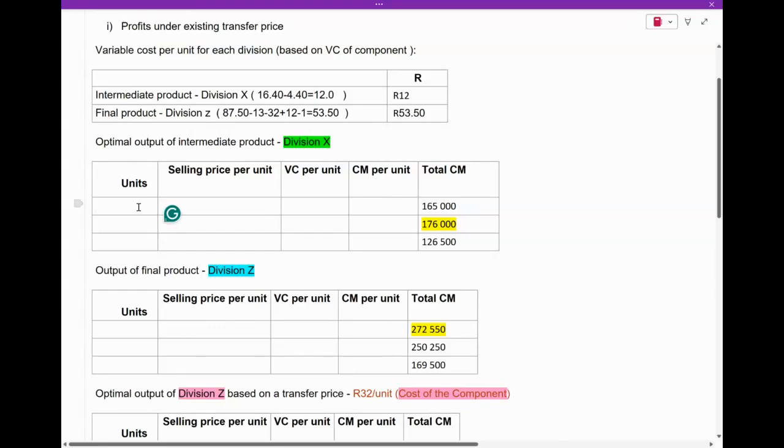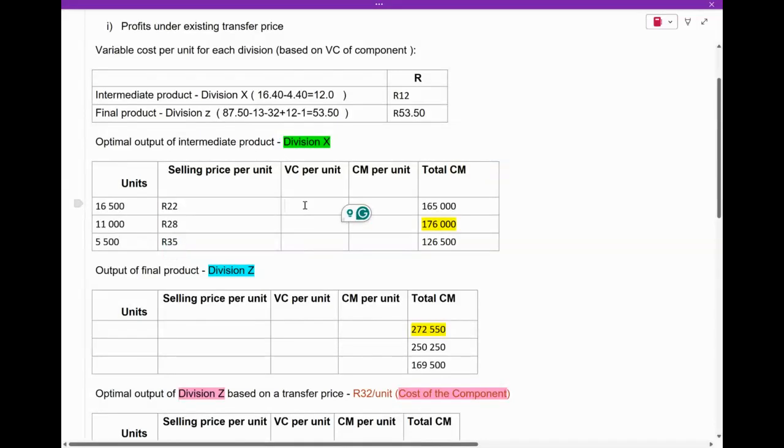So here we can start off by saying, okay, we know that at 16,500 units, we are having a selling price of 22 Rand for division X. And here we have 11,000. And our price point there is 28 Rand. And here, 35. And there we have how many units? 5,500.